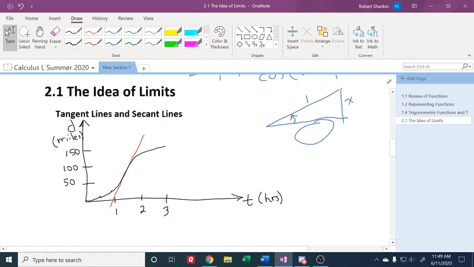Suppose we wanted to find the exact speed at t equals 2. Then at t equals 2, we'd find the exact slope of this line. The line that just nicks the curve, what we call tangent to the curve right there.